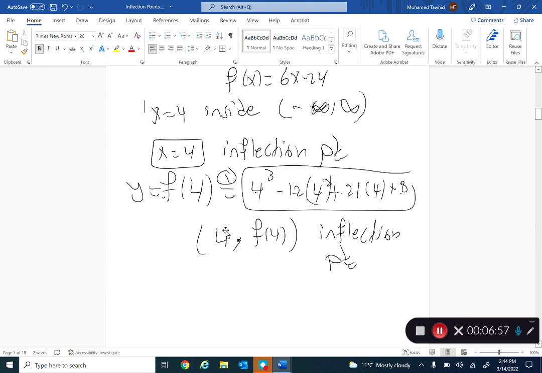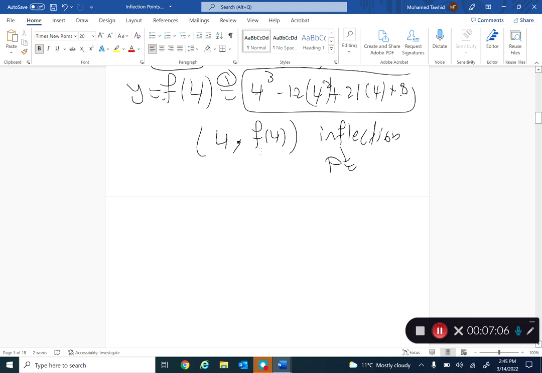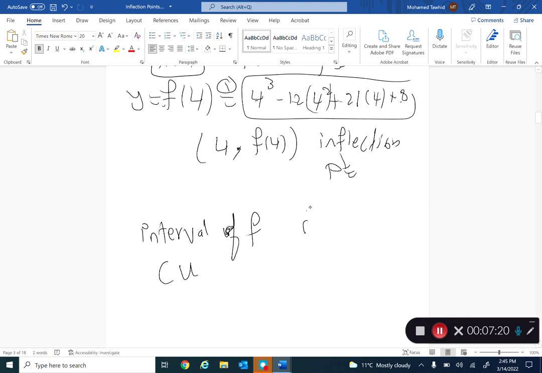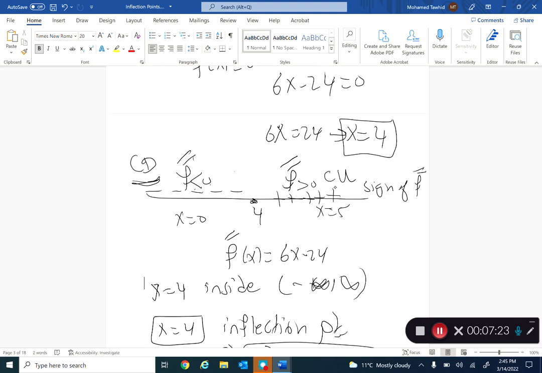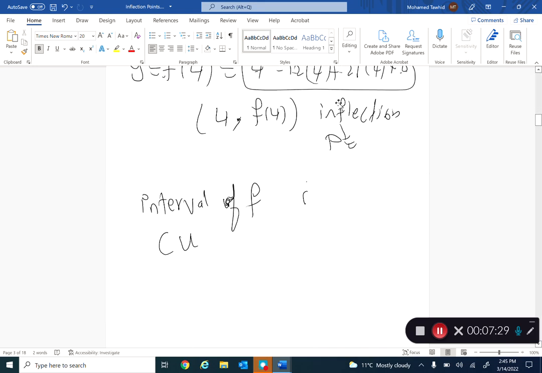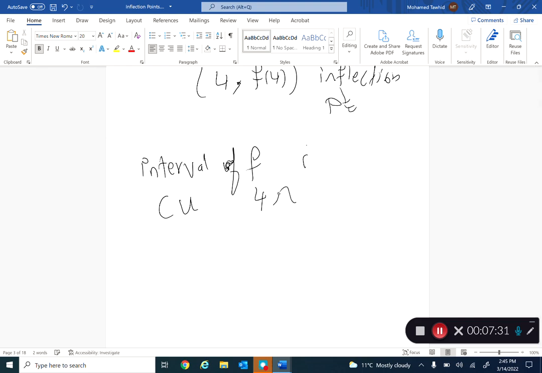Let me find another example to apply the inflection point. Here is an example in my sheet, example number 2. Before I finish this one, I need to get the interval where f is concave up. Looking at the inflection point, concave up starts from 4 to plus infinity, and the interval concave down is from minus infinity to 4.